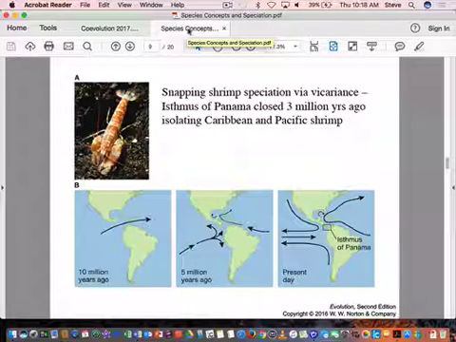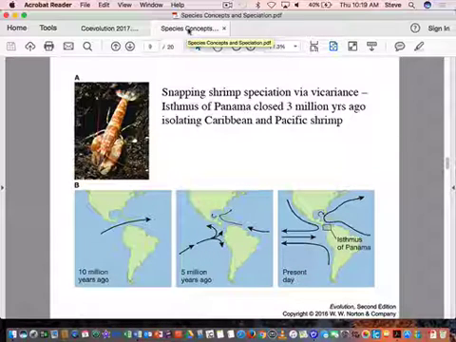These probably represent water flow or water currents. Obviously, you had a lot of water currents and potential movement of snapping shrimp between the Caribbean and the Pacific, less and less here, and now you have none at all, okay? So by 3 million years ago, the Pacific and Caribbean shrimp were isolated, okay? What do you think happened?